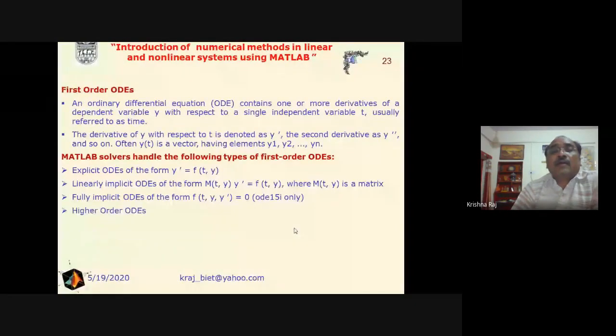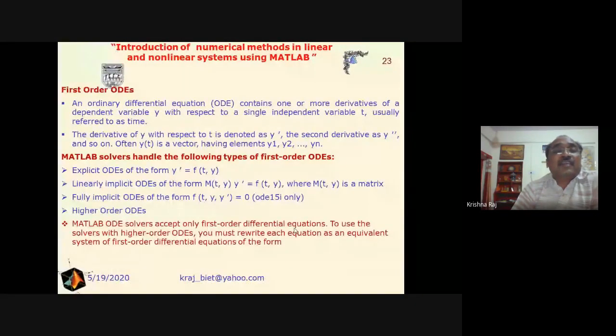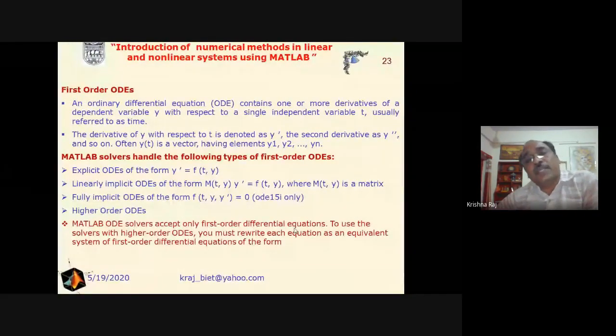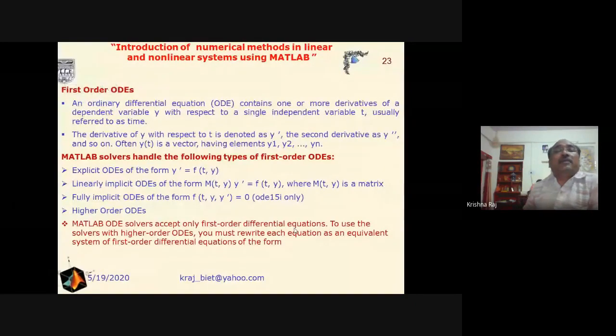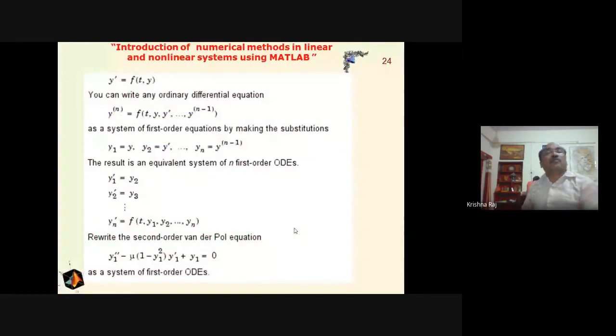And higher order differential equations. If we have higher order ordinary differential equations, then those will be converted into first order, and then we will solve them.